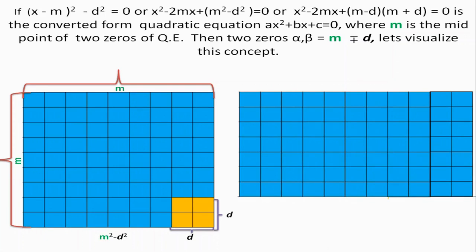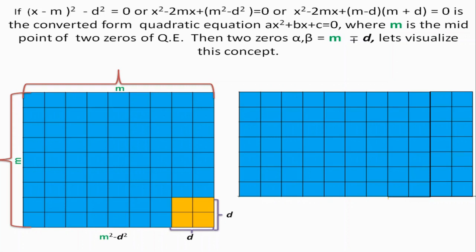Now what we are doing, we remove this yellow portion, and after removing it, the bottom two rows we can remove from there and add to the column.